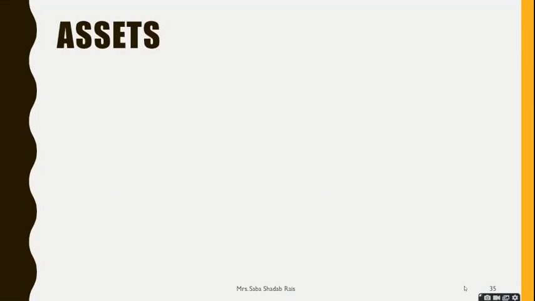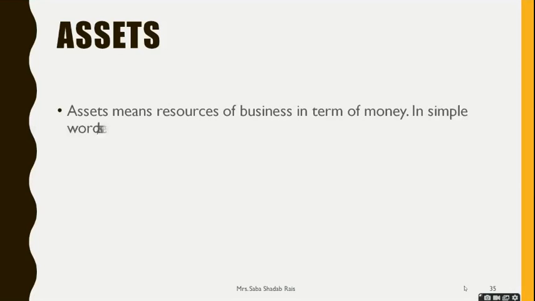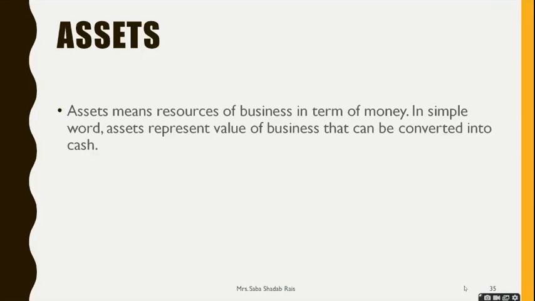Let us discuss the next term. The next term is assets. Now, what are assets? Simply, assets are the resources of the business in terms of money. Simply, we can say this is the value of the business that can be converted into cash.